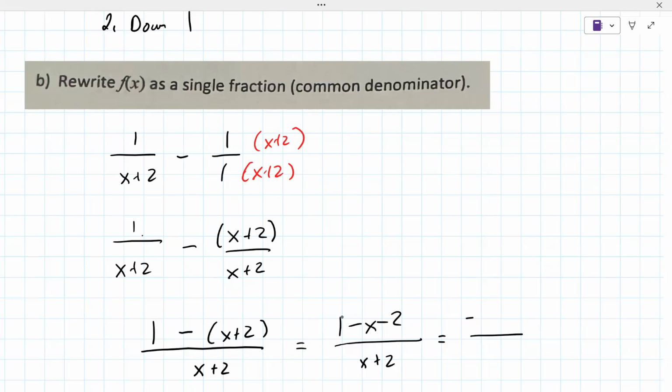Negative 1. All right, so there's the single fraction there. So go ahead and get that down so we can move on to the next part.